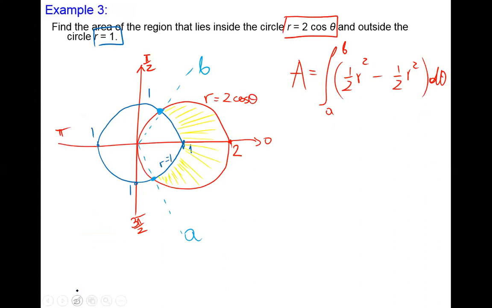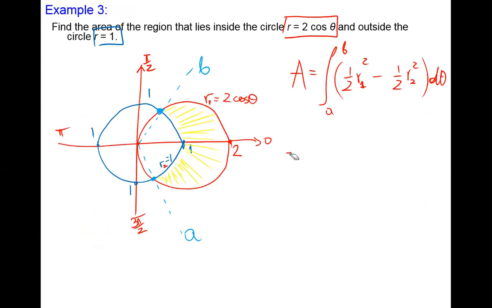But who can tell me which one is the first and which is the second? Which one has the longer radius starting from the origin? The 2 cosine theta. Okay, that means this one is the first one, this one is the second one.